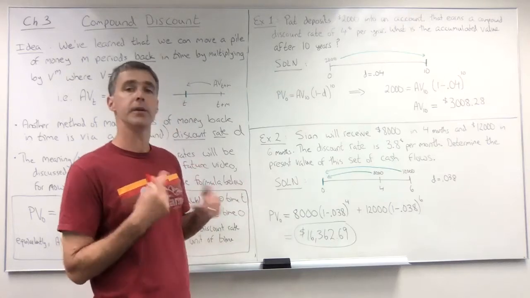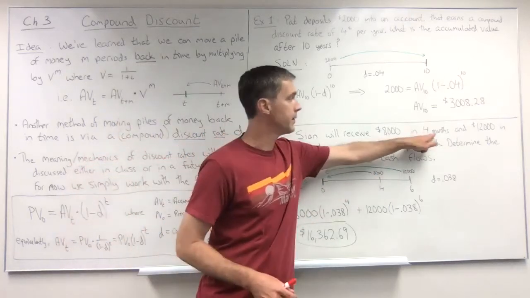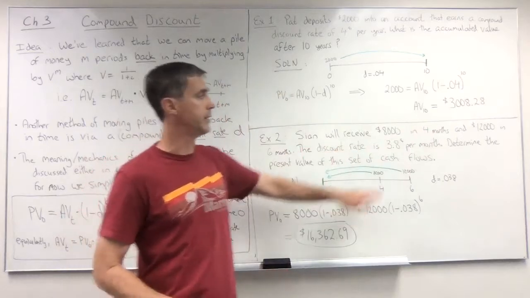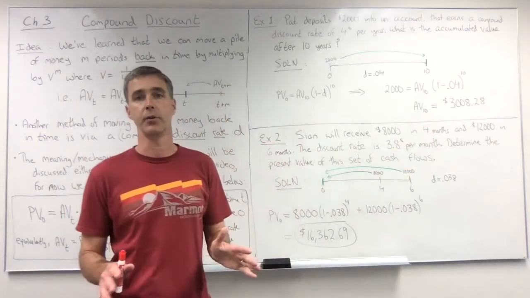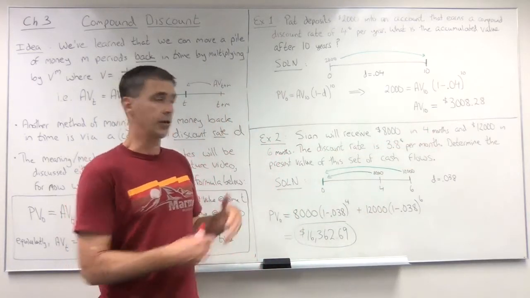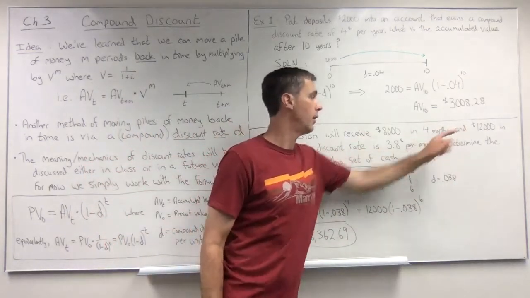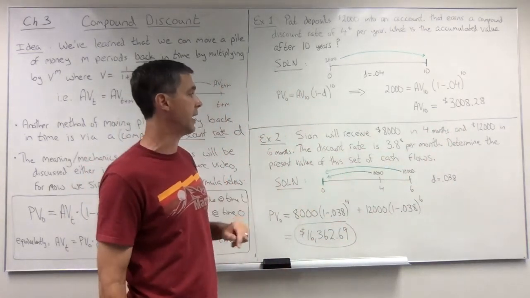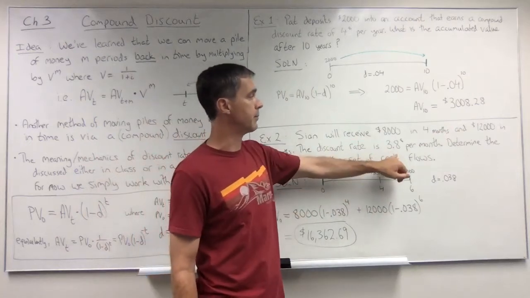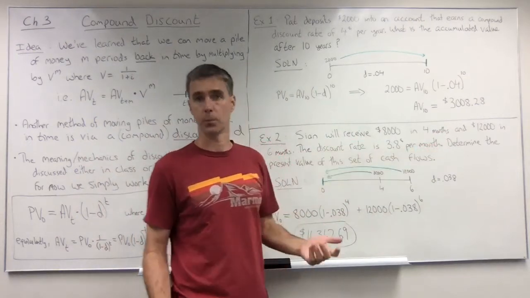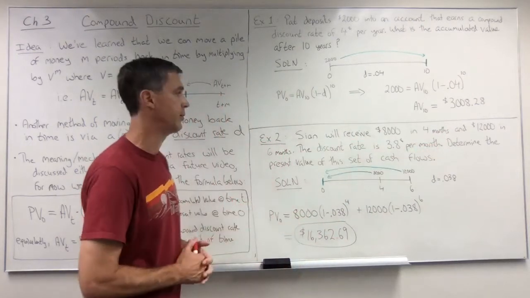The periods of time we're talking about are months, and our discount rate is per month, so all of our time units agree with each other. I could have just as easily said $8,000 in 4 units of time, $12,000 in 6 units of time, and the discount rate is 3.8% per unit of time. So we're all on the same unit of time.